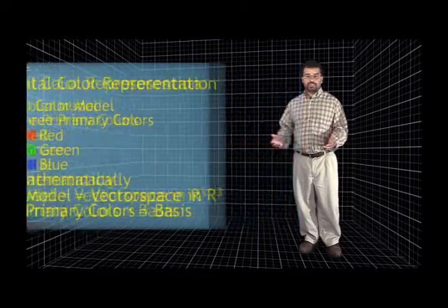form our basis. In practical terms, we can think of this as being 3-dimensional space, but instead of having an X dimension, a Y dimension, and a Z dimension, you have red, green, and blue dimensions. So X might be red, Y might be green, and Z might be blue.